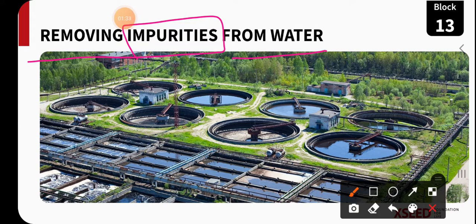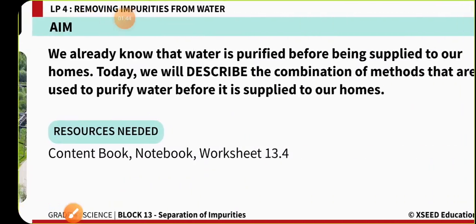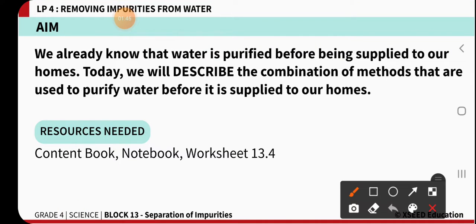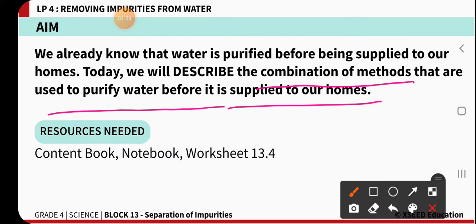What impurities are present in such water and how to remove them, we are going to learn. The main aim of our class is to learn about the different methods that are used to purify the water before it is supplied to the houses.